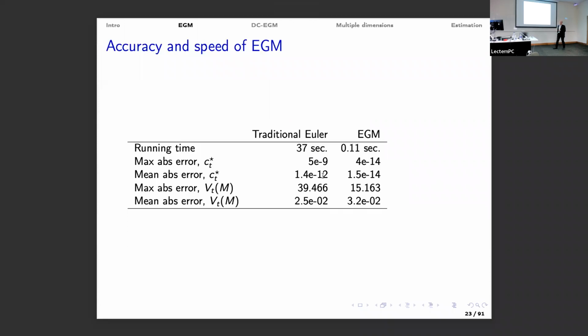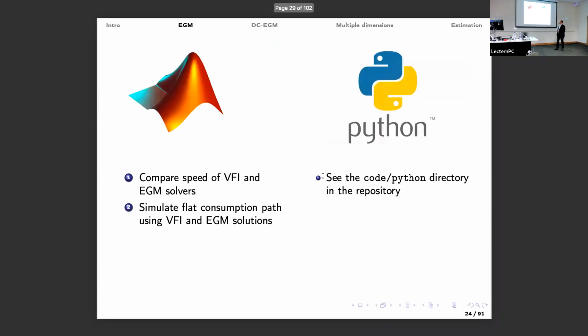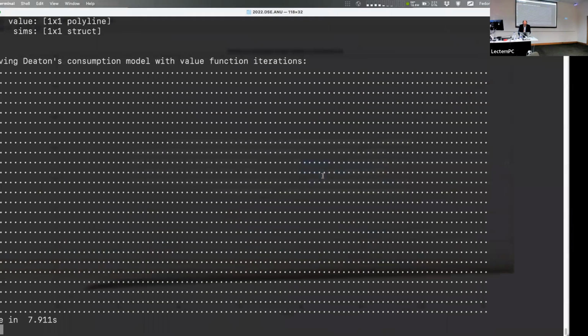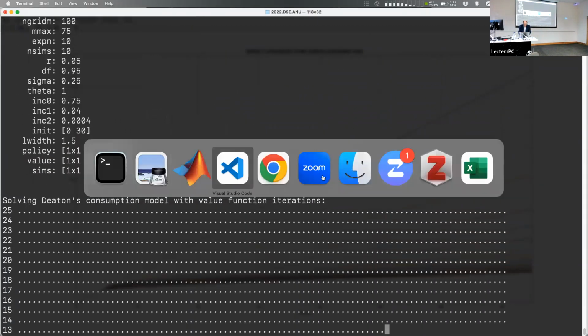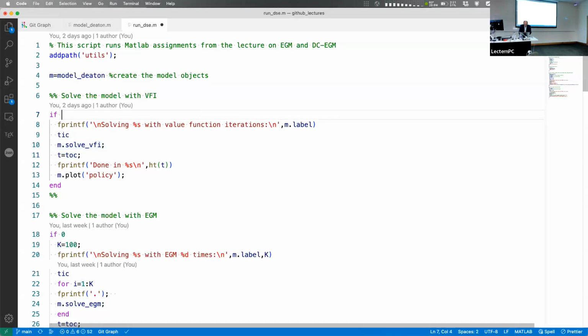How fast is that? That's astonishingly fast compared to other approaches where you would want to find the optimal action, the optimal consumption, in every point. Let's actually see that. So I was running VFI, and you remember, it takes some time. We have to wait a little bit, but let me just switch this.